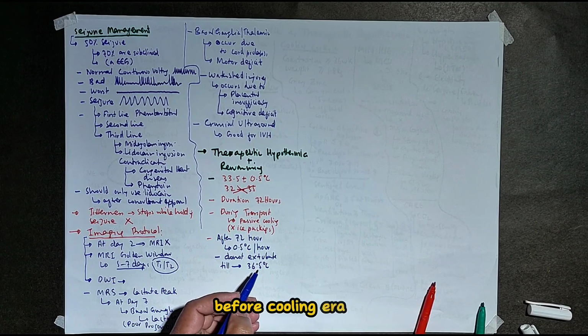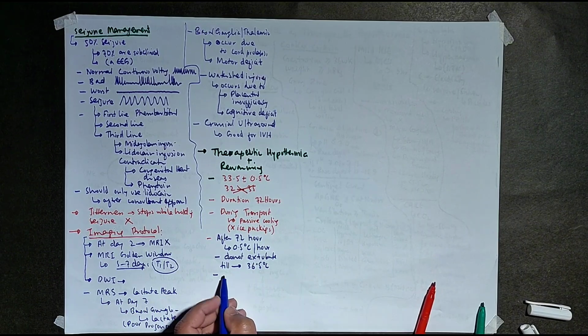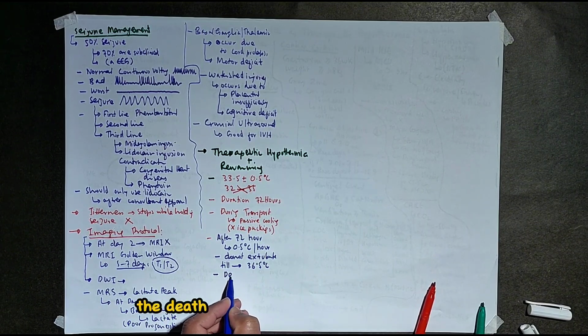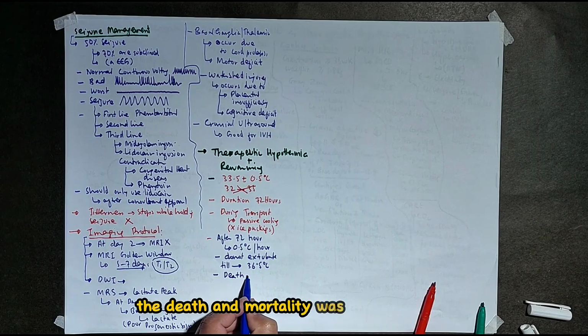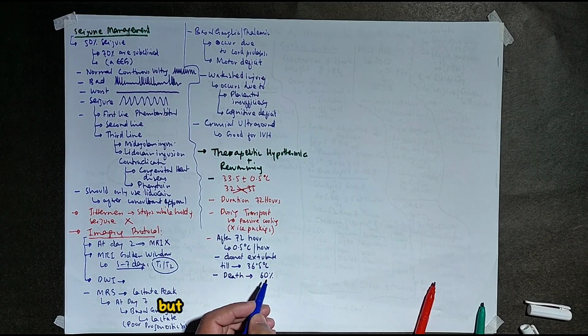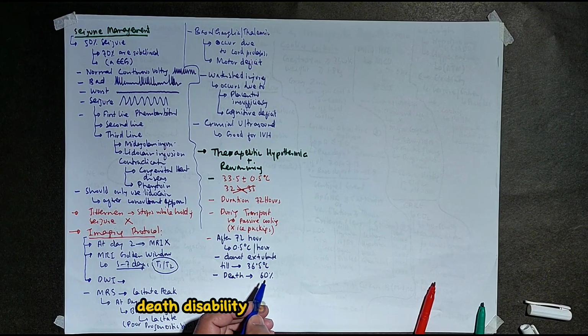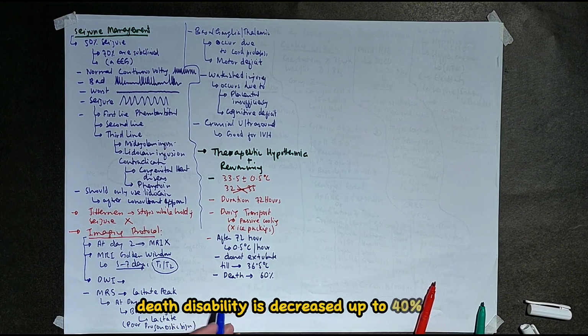Before the cooling era, that is the therapeutic hypothermia period, the death and mortality was up to 60%. But thanks to this cooling process, death and disability is decreased up to 40%.